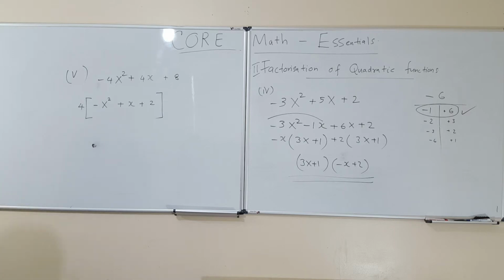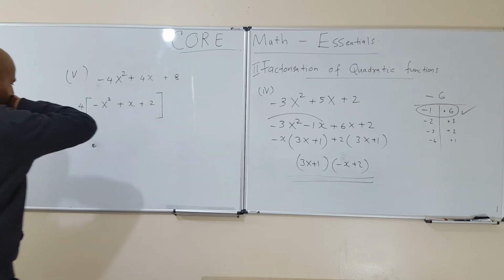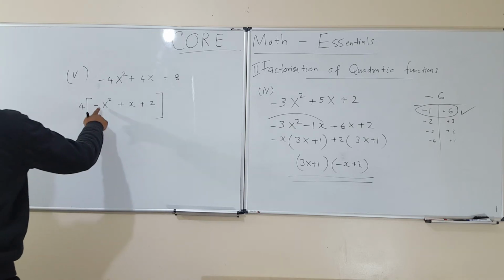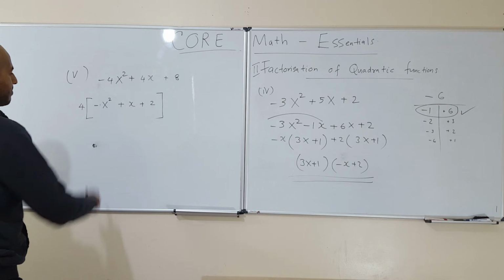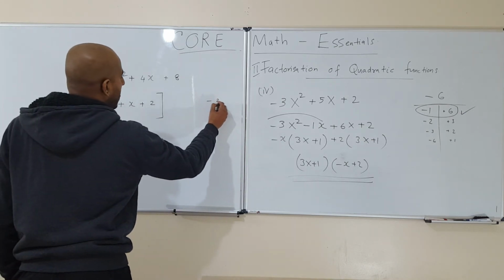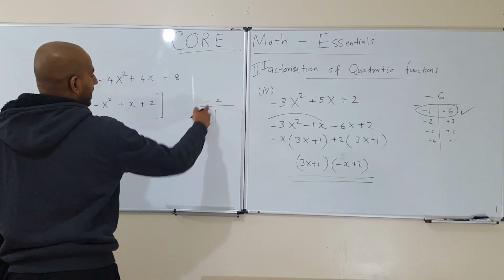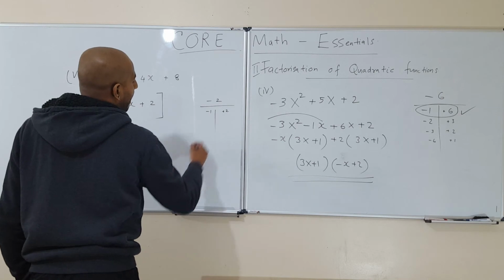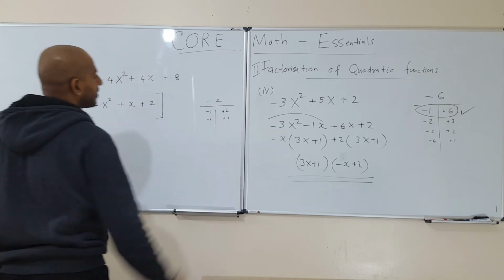Okay. So that's partially done. Now we can check whether we can factorize this or not. We got minus, which means we have minus 1x, like we said. Minus 1 times 2, minus 2. And you can write all the possible ways of making minus 2. You can write minus 1 times plus 2. Minus 2 times plus 1. That's all.